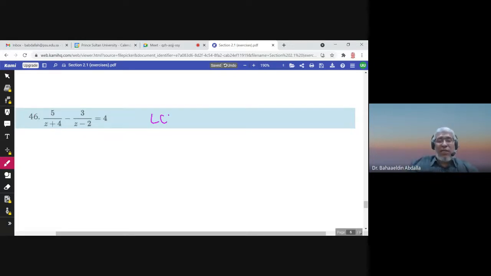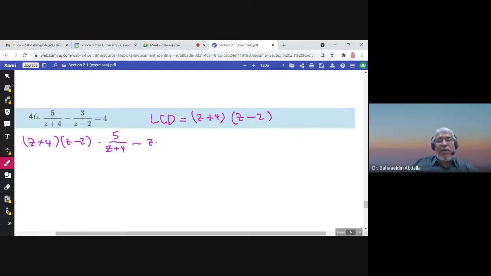What is the LCD here? Well, I have z plus 4 and I have z minus 2. So I have to multiply everything by z plus 4 times z minus 2.